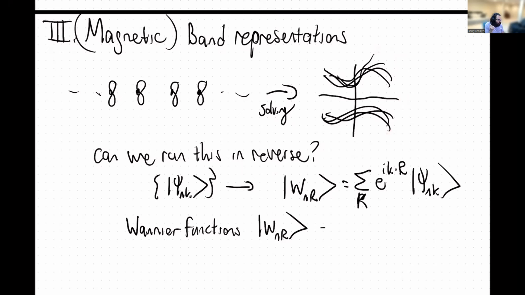We might still hope to be able to reconstruct some localized functions that respect all of our crystal symmetries and approximate the starting atomic orbitals. In particular, what we want to look for is Wannier functions that are exponentially localized in space, and symmetric under all of the space group symmetries.